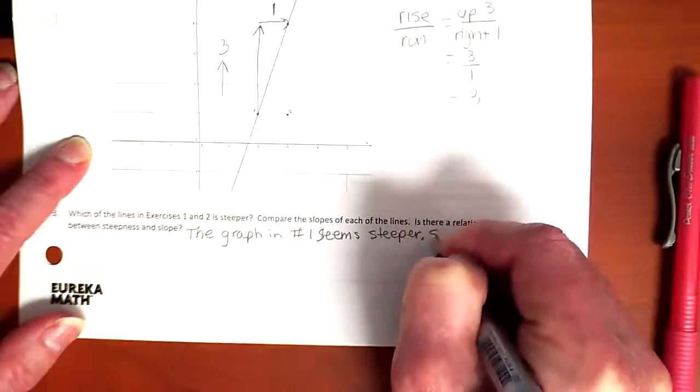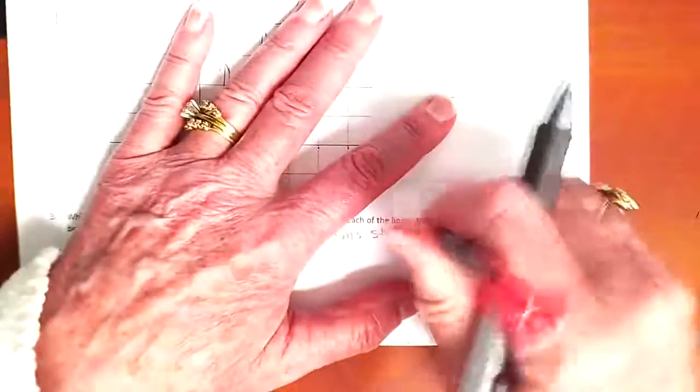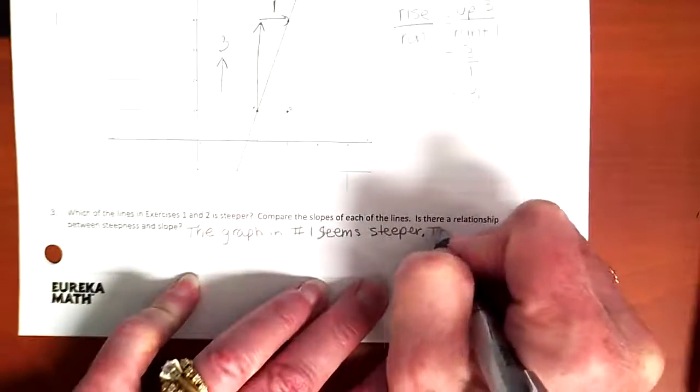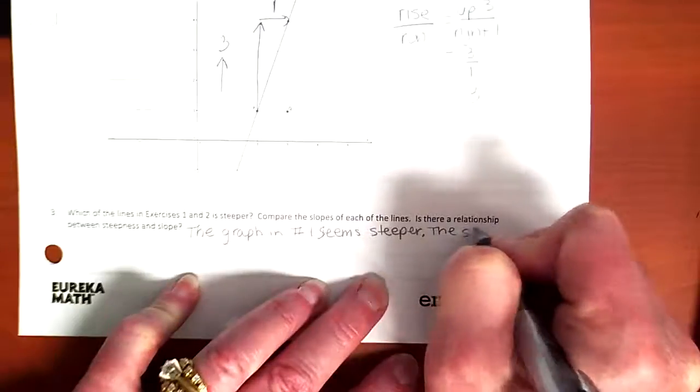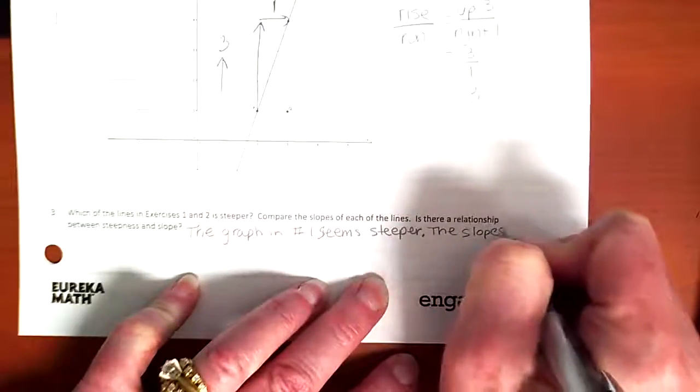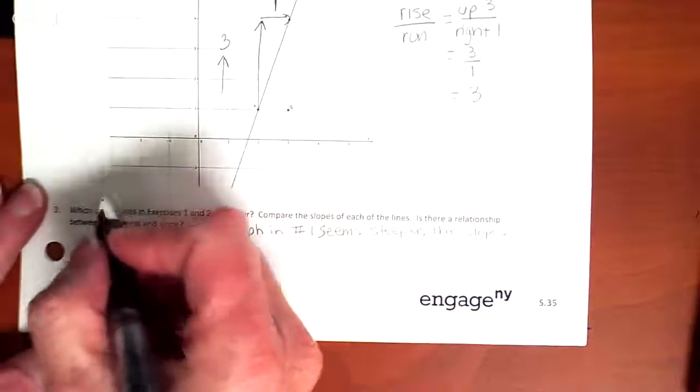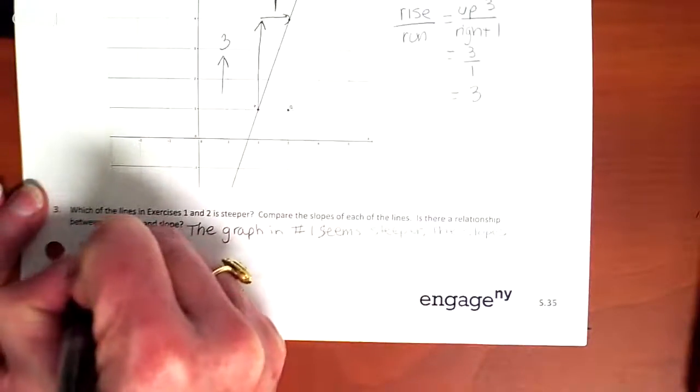The slopes, I can't even write today. It's too cold outside. The slopes are 4 and 3.